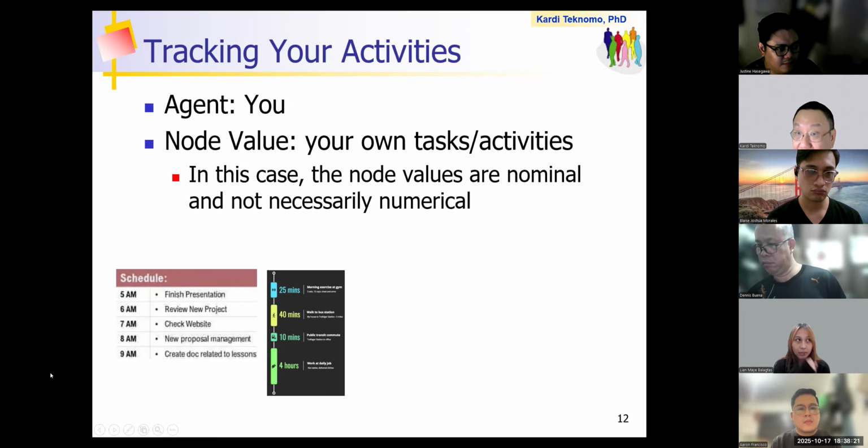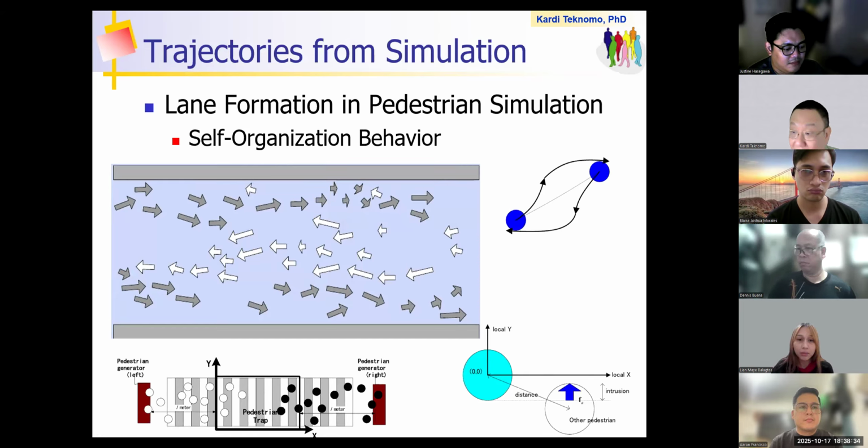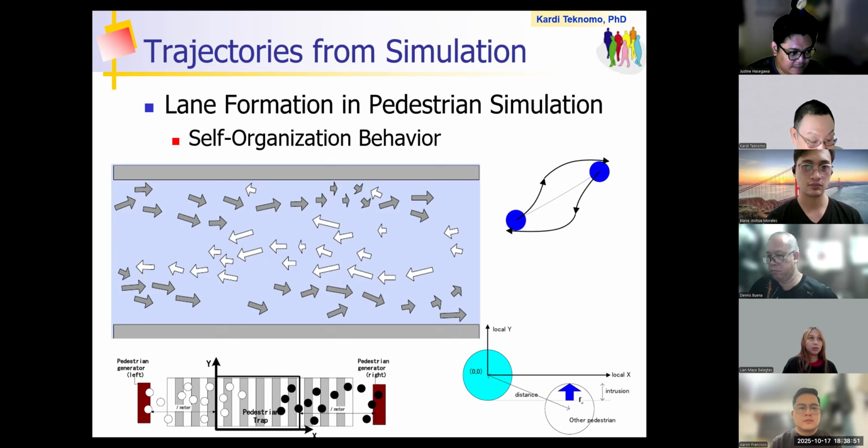From the pedestrian studies, we also find from the trajectory the self-organized behavior. This is a complex system. In the real world, pedestrians actually create their own lanes automatically to reduce collision with other pedestrians: self-organized lane formation.